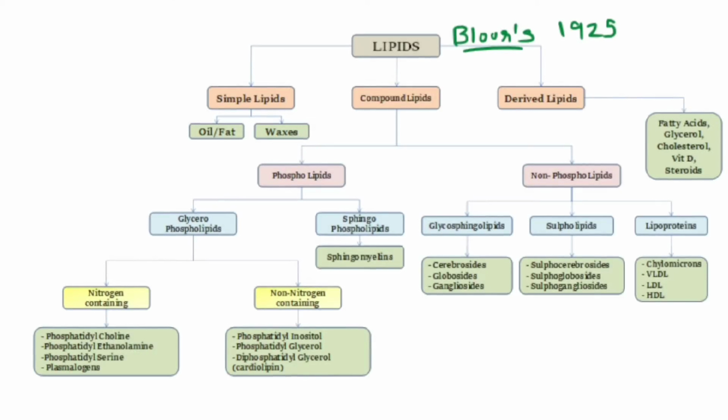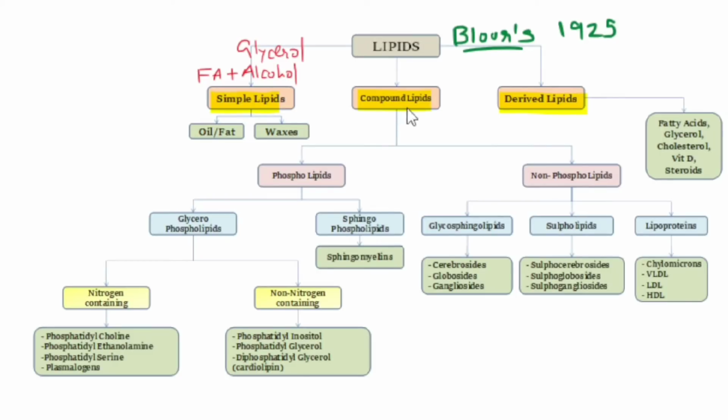Lipids are divided mainly into three parts: simple lipids, compound lipids and derived lipids. Simple lipids are made up of fatty acid and alcohol, mainly glycerol.